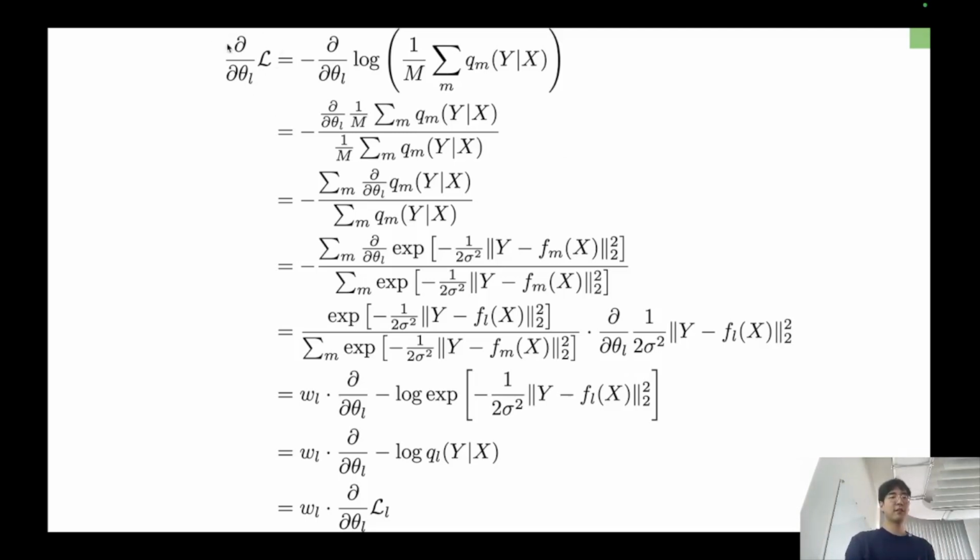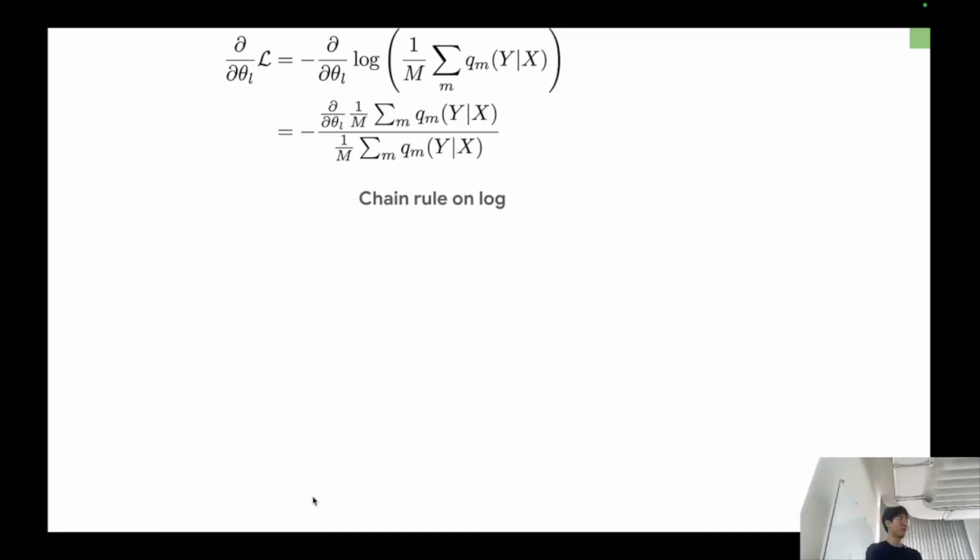So eventually, I'm going to express the gradient of the loss value against some arbitrary parameter L in the network in terms of the individual gradient for the individual, expert-wise loss value. You're going to have a single weight value per expert eventually. So I'm going to take a look at what this weight means. Maybe it becomes more clear when I go through this one by one.